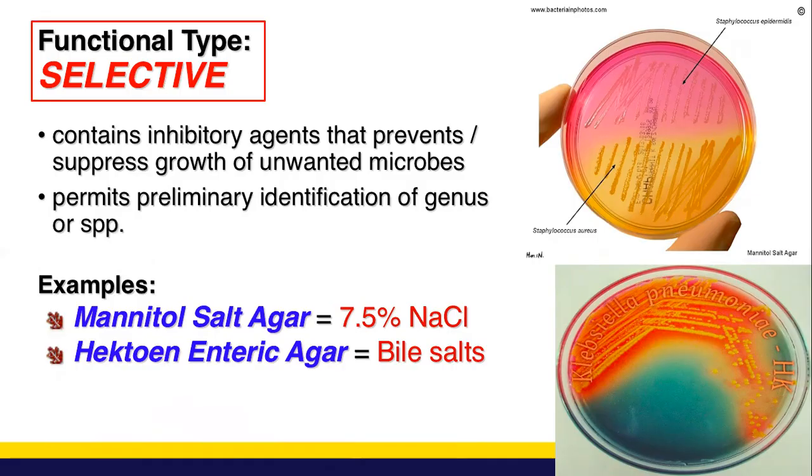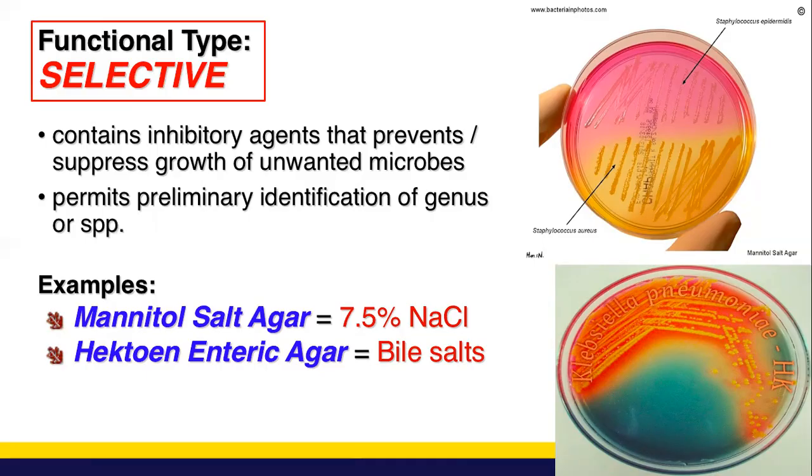Any agar, for that matter, can actually be made selective by the addition of certain inhibitory agents that don't affect the pathogen of interest. So that's important. Various approaches to making a medium selective usually include the addition of antibiotics, dyes, chemicals, alteration of pH, or a combination of any of these.